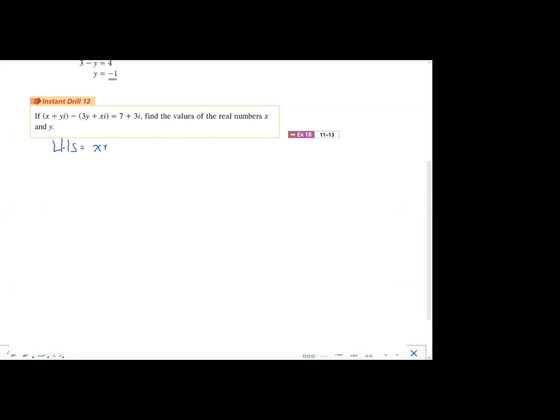It's x plus yi minus 3y plus xi. Okay, and we remove the bracket first. The first bracket is a positive bracket, so just copy. But the second bracket is a negative bracket, so the 3y becomes minus 3y, and then plus xi becomes minus xi.